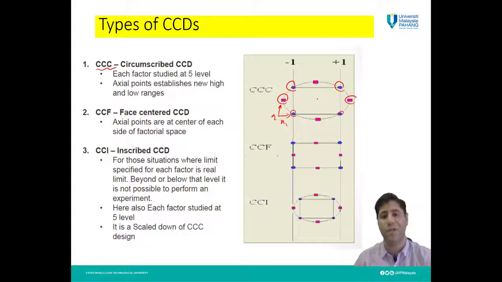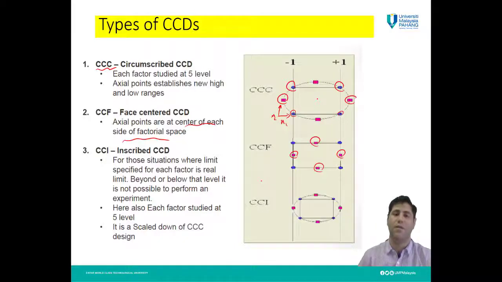CCF is when we select the axial points on the surface at the center of each side of the factorial space, like what you can see here. In this case, the maximum and minimum levels for the factor don't change.